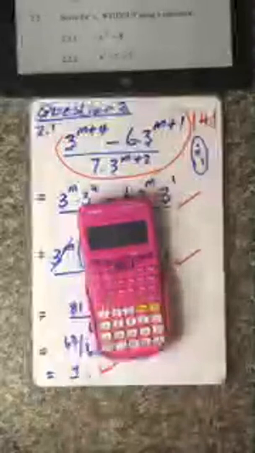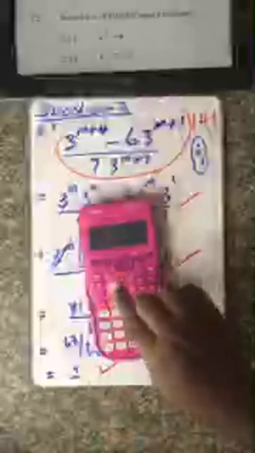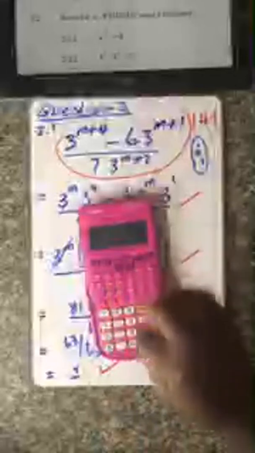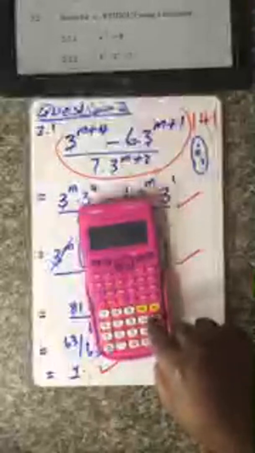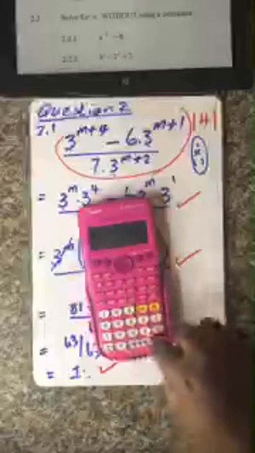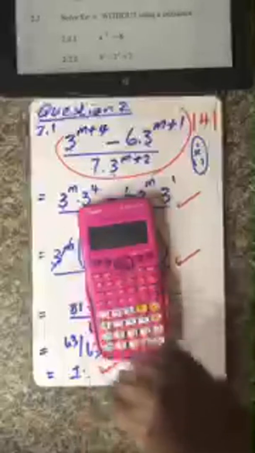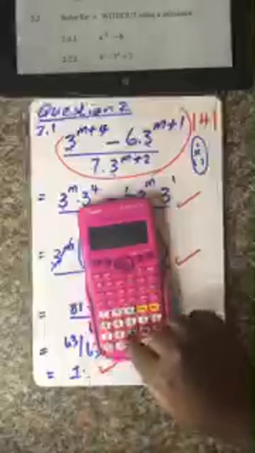I start with the fraction button, then I say 3 to the exponent m, which is 1 plus 4, and then I come down, minus 6 multiplied by 3 to the exponent 1 plus 1, and then at the bottom it's 7 times 3 to the exponent 1 plus 2.